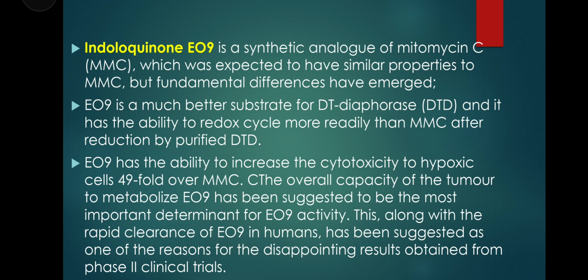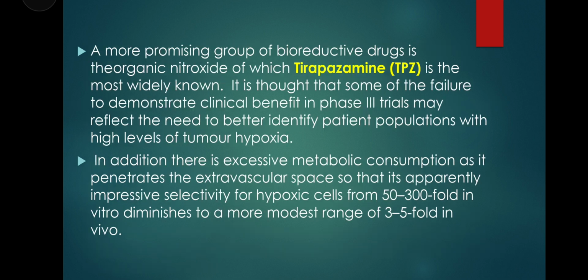EO9 has the ability to increase cytotoxicity to hypoxic cells 49 times more than MMC. The overall capacity of a tumor to metabolize EO9 has been suggested to be the most important determinant for EO9 activity. This, along with the rapid clearance of EO9 in humans, has been suggested as one of the reasons for disappointing results obtained from phase 2 clinical trials.